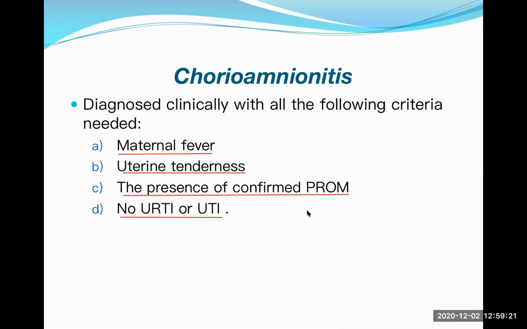That fever should not be caused by any other infection in the body. Other infections should be ruled out. Then only we pinpoint, yes, this is a cause of fever. So maternal fever, tenderness of the uterus, presence of confirmed premature rupture of membrane, and we have to rule out URTI or UTI. Then we think about chorioamnionitis as the disease there.